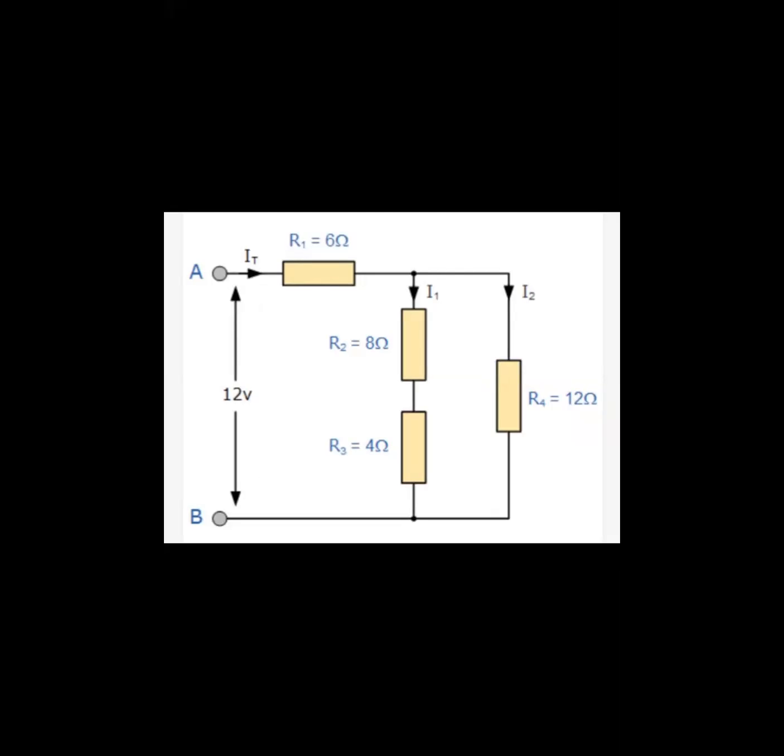So what's going to be the current? The current that flows through R1 is 0.5. And the one that is shared between I1 and I2 is also 0.5.